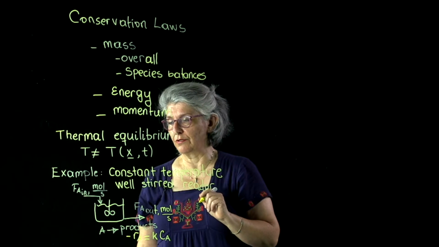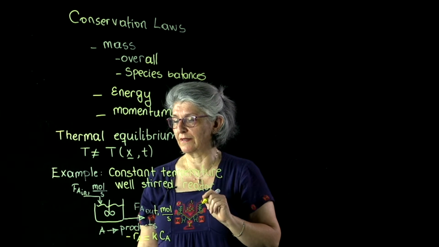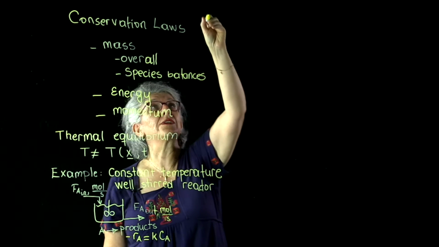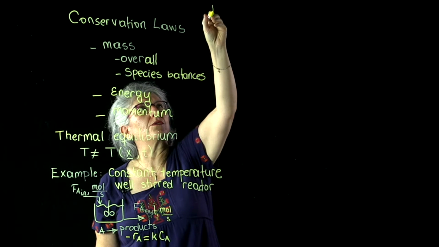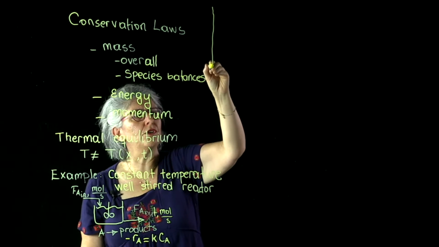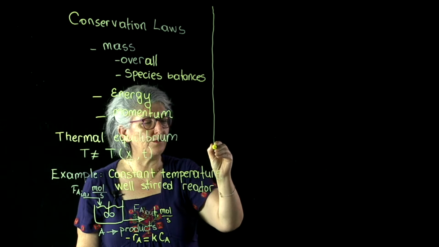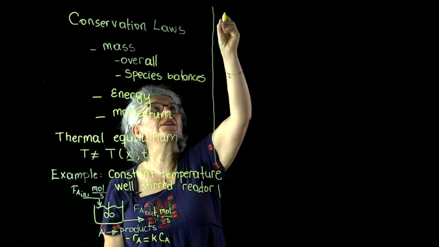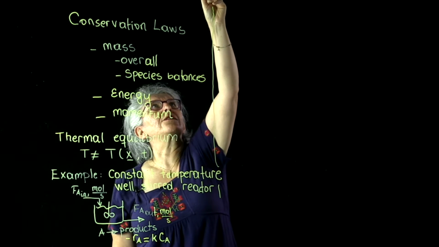So we are going to write the species conservation equation or the mole balance. I'm going to divide the board to maintain the information here in order to refer back when needed. And let's continue from here.